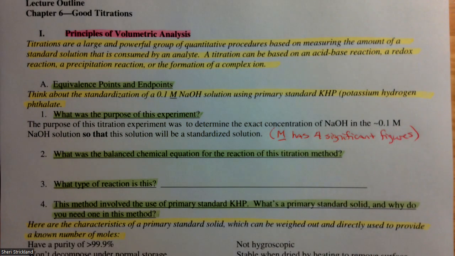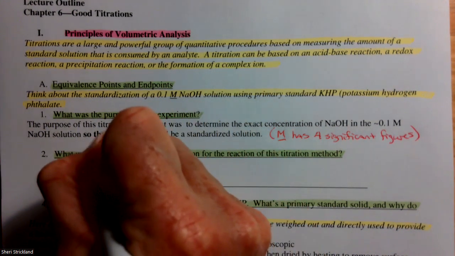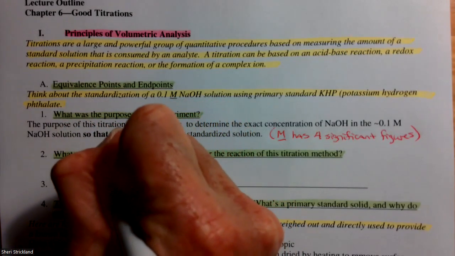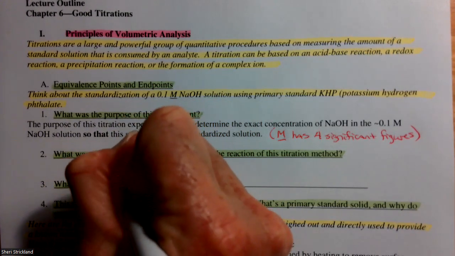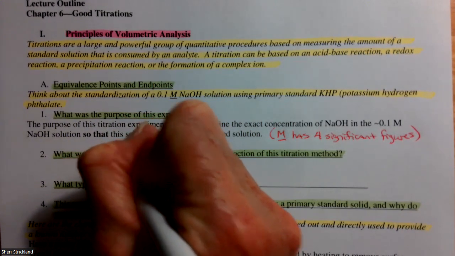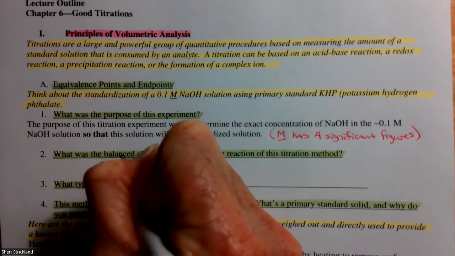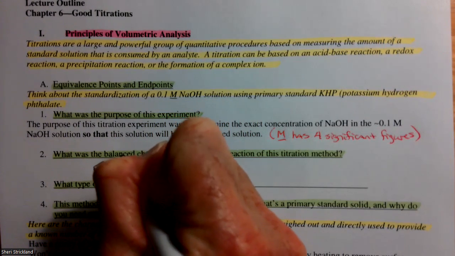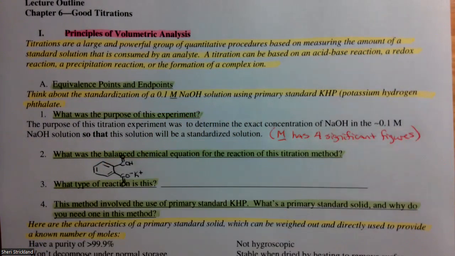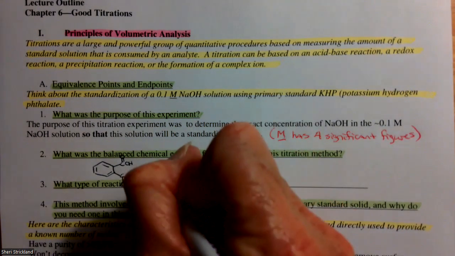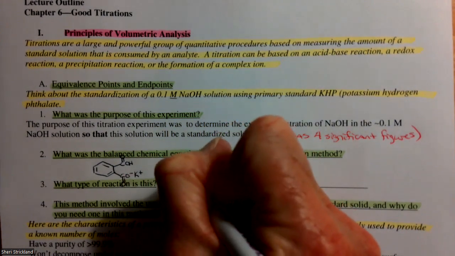So the balanced chemical equation for this process involves the KHP, and I'm going to draw the KHP like this. So there's a carboxylic acid there and a carboxylate group here ortho to it that has a potassium counterion, and this is KHP. And it reacts with sodium hydroxide.